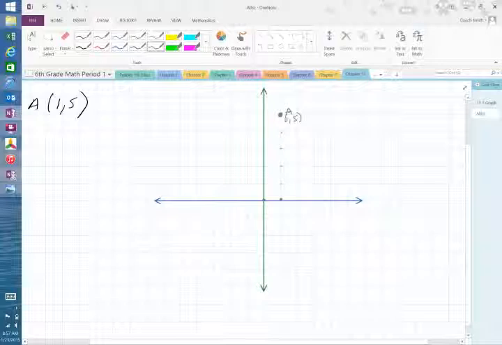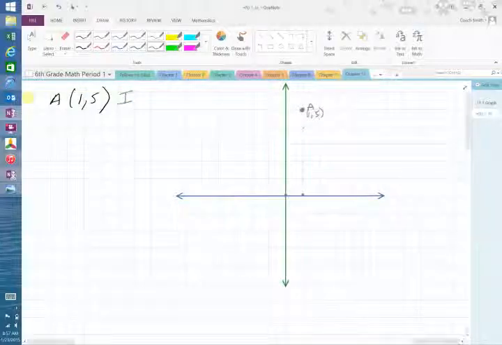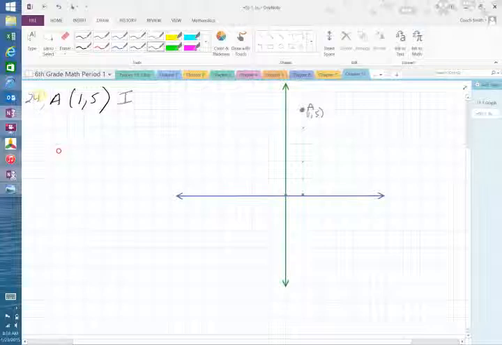Fairly easy. Oh, hang on here. I have to describe its quadrant, or where it's located. What quadrant is that? 1. So I'm going to put right over here beside it, quadrant 1. That was number 24, right? So that's how you would do 24.